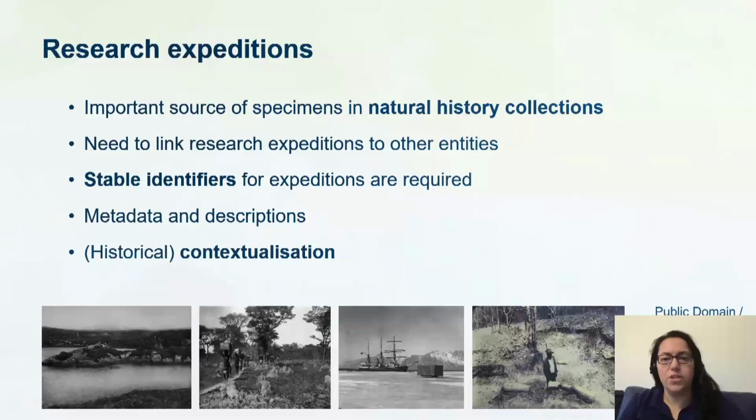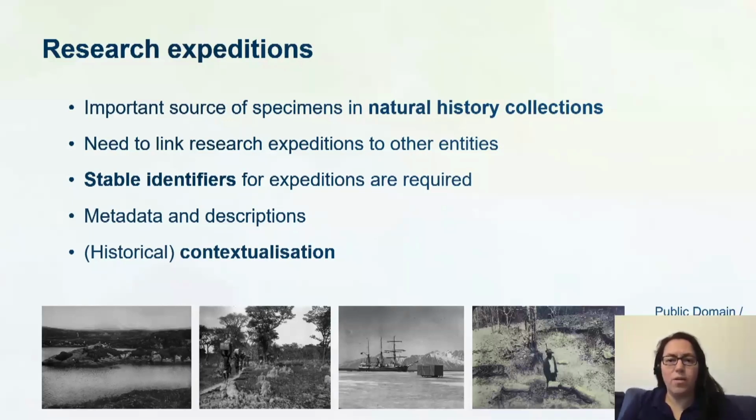Research expeditions are an important source of specimens and objects in natural history collections. Expeditions can be quite diverse, for example, in terms of size, duration, destination, and form of transportation.